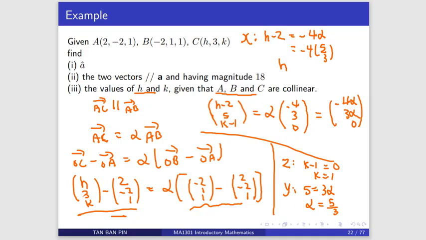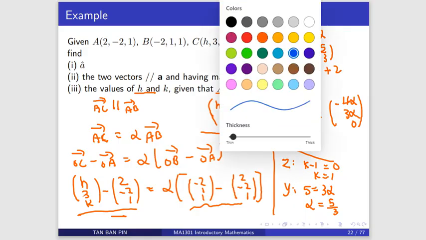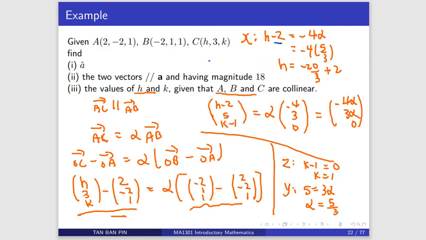And then you can say h will be minus 20 over 3 plus 2. There's a minus 2 on the left hand side. You bring it over, it becomes plus 2. So we get h will be minus 14 over 3. So the answer is h is minus 14 over 3 and k is 1.